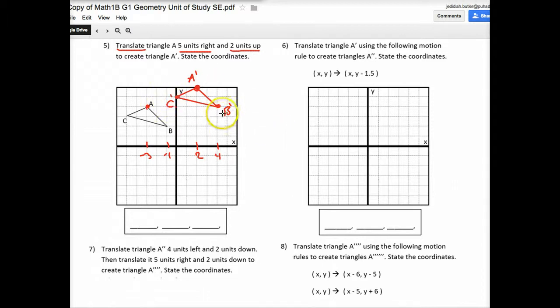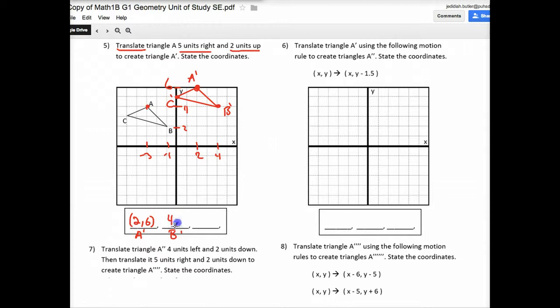Now that I have those 3, I should write down the coordinates of them as well. So for this one, we got 2, 4, and then the very top here would be 6. So this point A prime would be 2, 6. For B prime, B prime is at 4, 4.